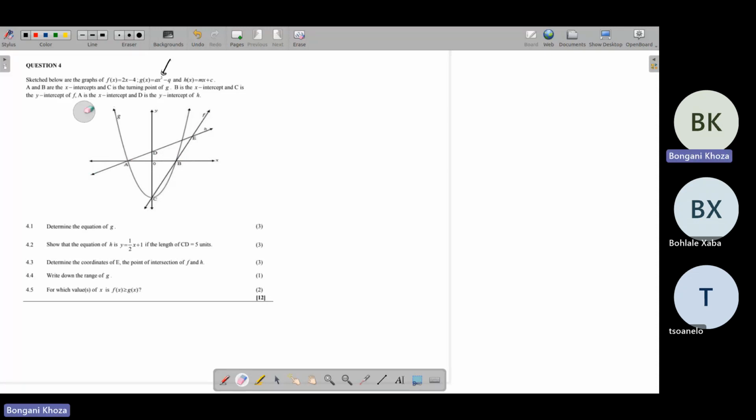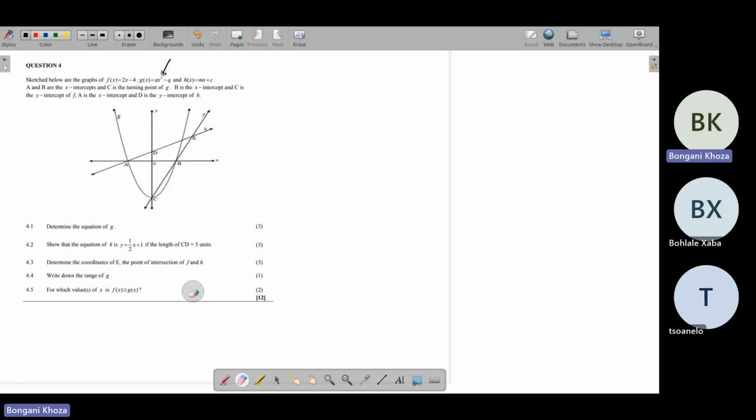And then we're told that A is the x-intercept, and D is the y-intercept of H. So here they're just indicating that this point is an x-intercept for this graph and that graph and so on.